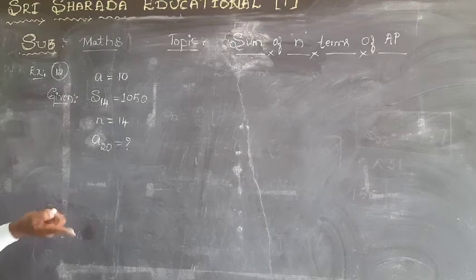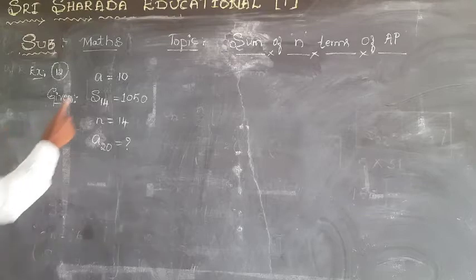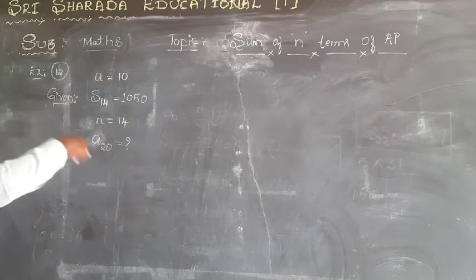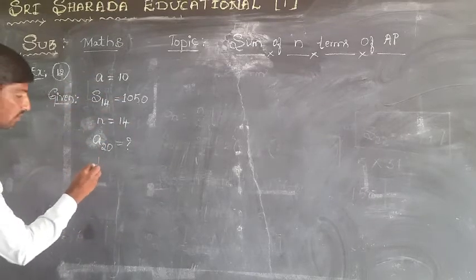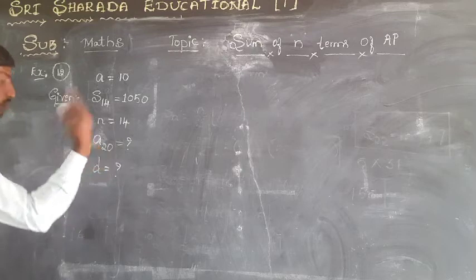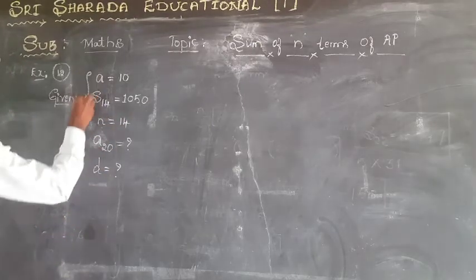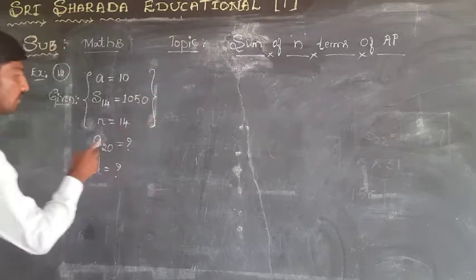So if you want to find any term of the AP, we must need two unknown factors, one is the a value, another one is d, the common difference. So by using this data, first we need to find the value of d. Then we can go for the 20th term. So first use these three factors and find the value of d here.